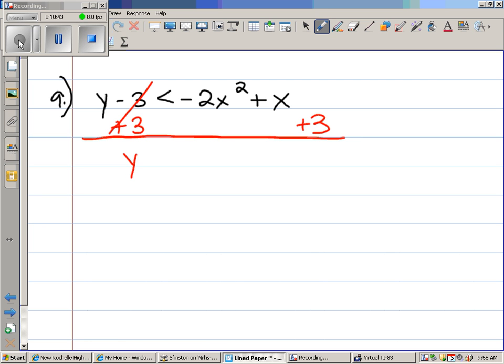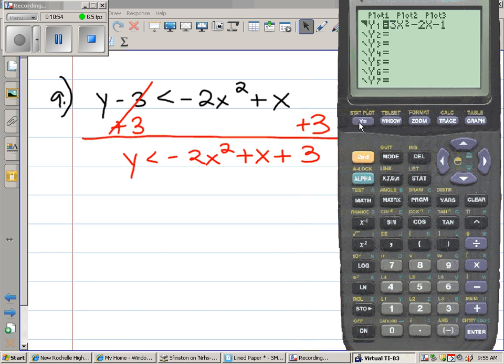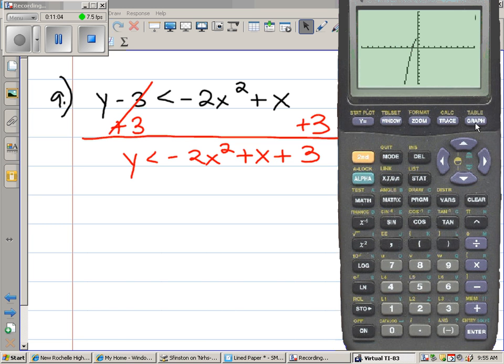So y is less than negative 2x squared plus x plus 3. Let's type that into our calculator and get a sketch of it going: negative 2x squared plus x plus 3. Hopefully it comes down. Oh, nice.